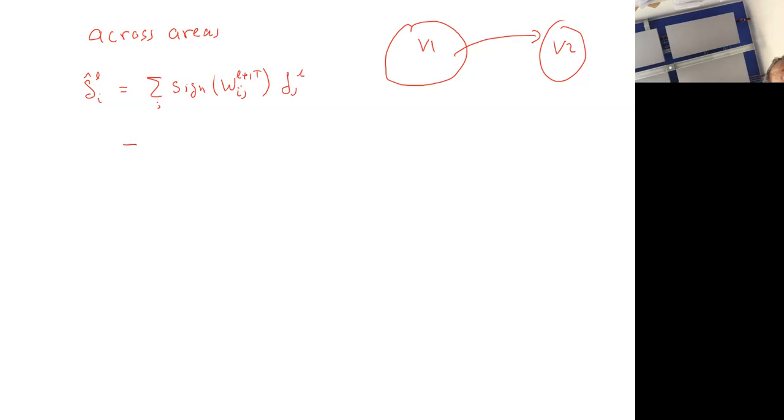And that goes basically to the sum on J of delta JL. Okay, because the sign of this is always positive. So you can propagate, you can run backprop.